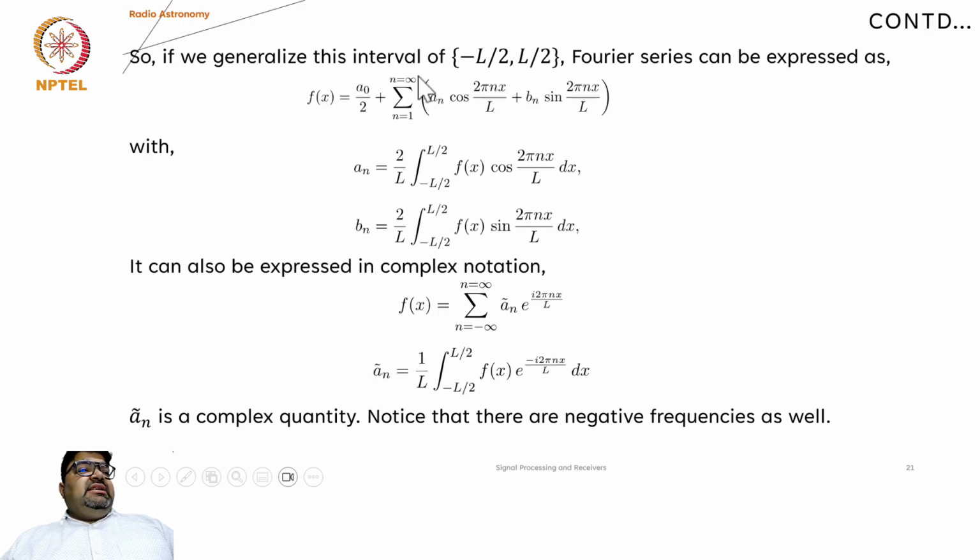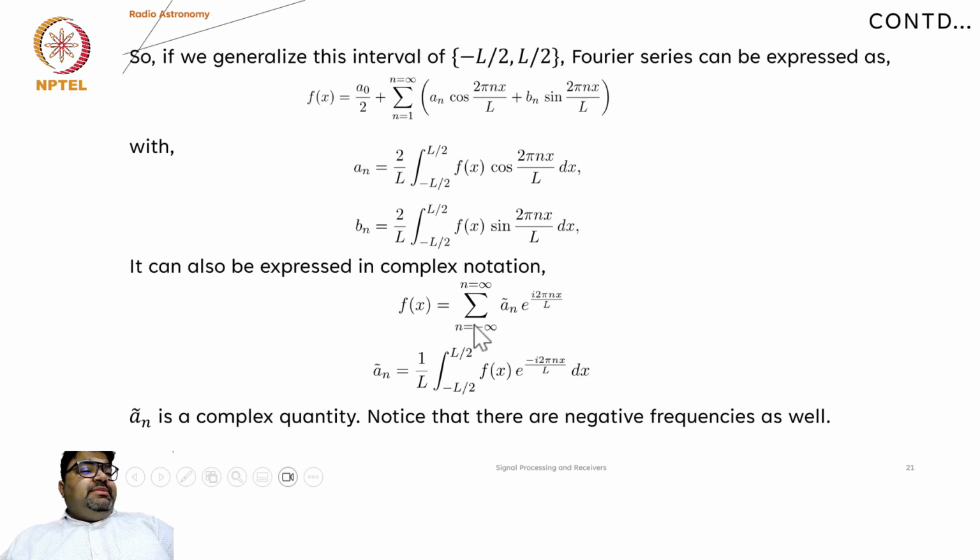If we generalize this interval from minus 0.5 to plus 0.5 to minus L by 2 to plus L by 2, the Fourier series can be expressed in terms of f of x as a0 by 2, the term for n equal to 0, then n going from 1 to infinity of a n cosine 2 pi n x by L and b n sine 2 pi n x by L, where a n is given by this integral and b n by the same kind of integral.